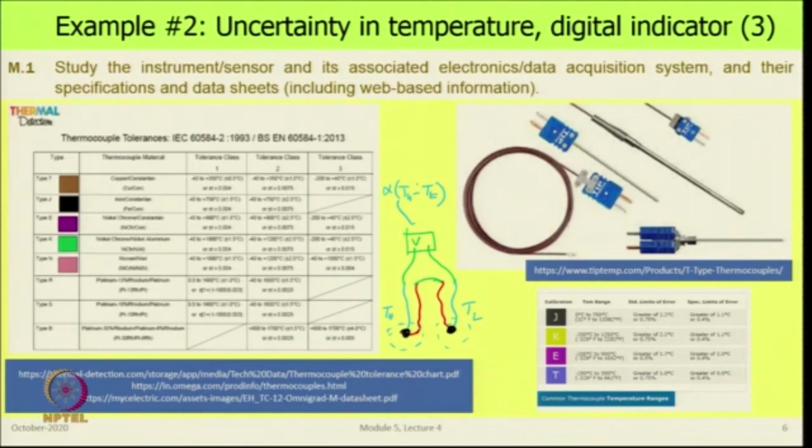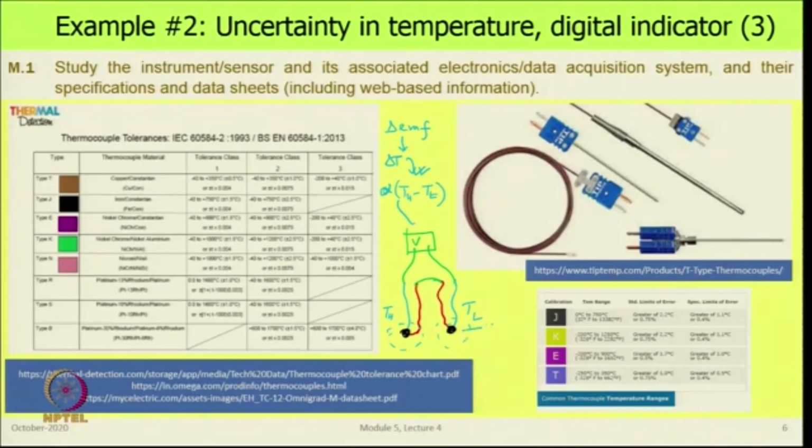So, if we measure the change in EMF, from there we get delta T, which is the difference of these two temperatures. And now, if we want to know the temperature of this or this, we need to know the temperature of the other junction.